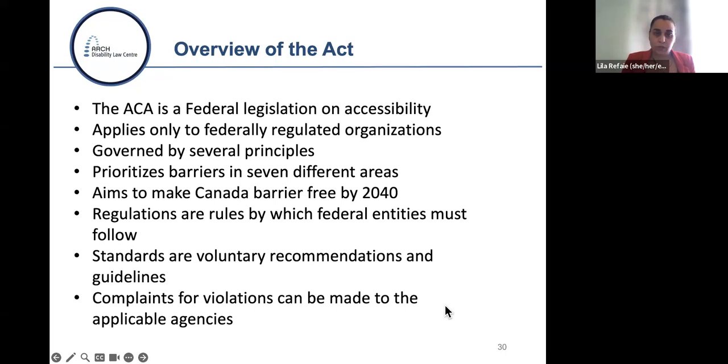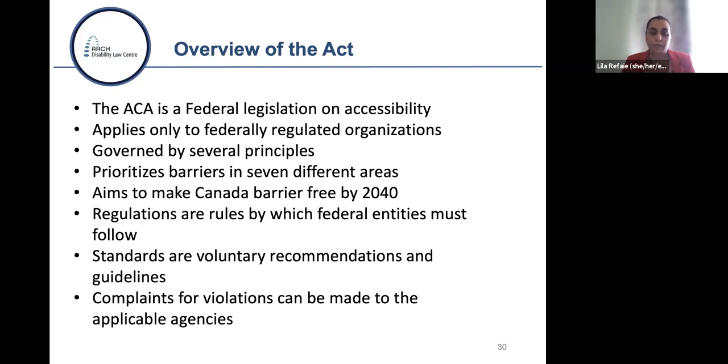And with those principles in mind, there are also specific areas that the Accessible Canada Act focuses on. We had them listed earlier, but although there are many different areas that need to be focused on, the Act says, let's focus on these 7 areas at this time. And in those 7 areas, the Act prioritizes identifying, removing, and preventing any barriers to accessibility.